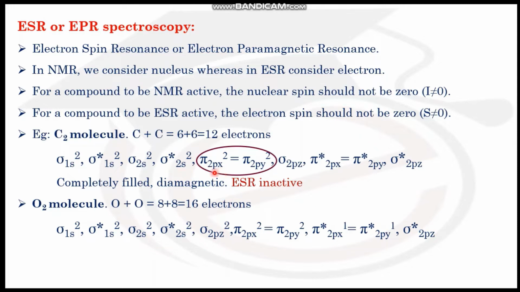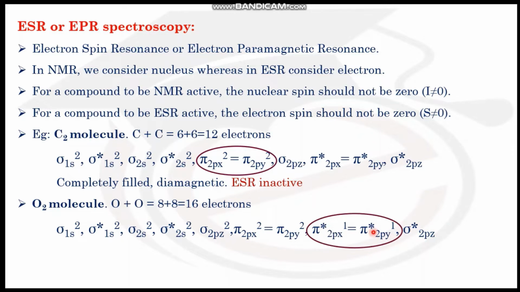Here you can see that in the case of C2, the pi orbital comes first, or the pi orbital has lower energy than the sigma orbital. In the case of O2, the sigma 2p has lower energy than the pi orbitals. Sigma 2p2, pi 2px2, pi 2py2, pi star 2px1, pi star 2py1: 2, 4, 6, 8, 10, 12, 14, 15, 16.